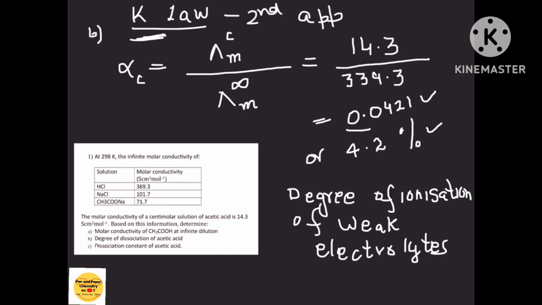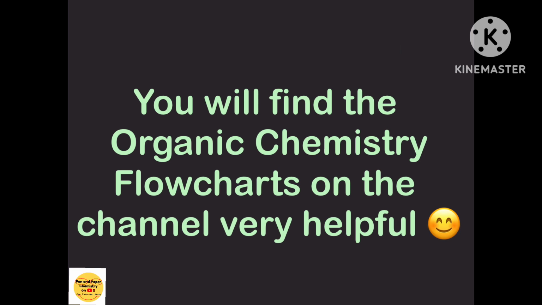Now, for the dissociation constant, you will have to go back to your knowledge about ionic equilibrium, and how we had modified that expression to suit our need for weak electrolytes. So Kc, the equilibrium constant, is C alpha square, where C stands for concentration, alpha for the degree of dissociation, which we've calculated just now, and don't forget we are going to put the decimal value over here.